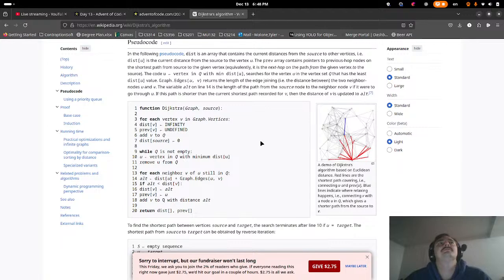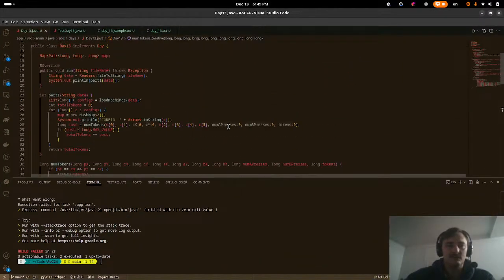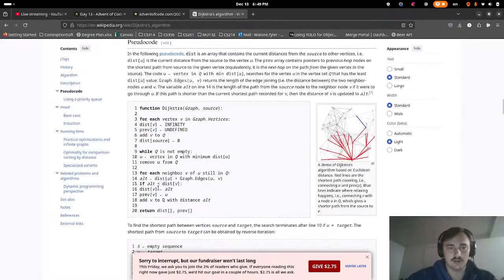How big is too big? Just to test, can I do... What will my graph be? I'm going to use probably a map. I think that's how they're treating it here too.